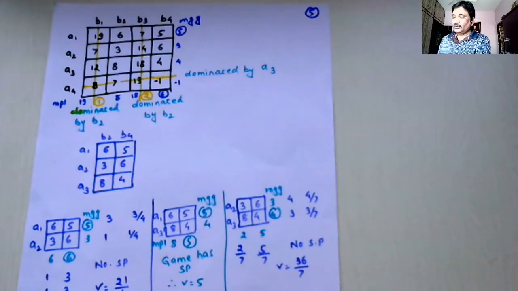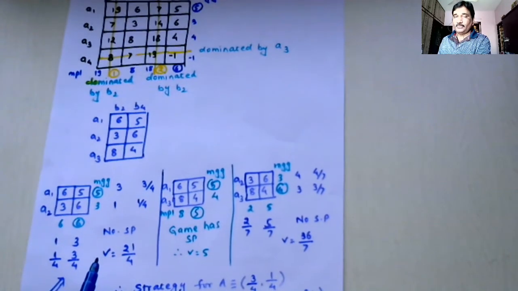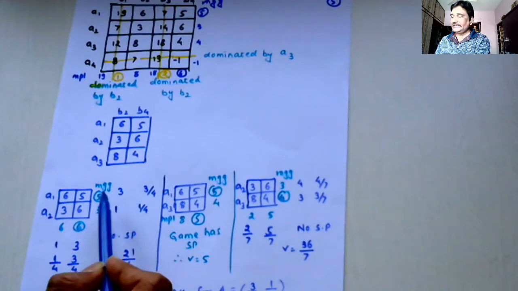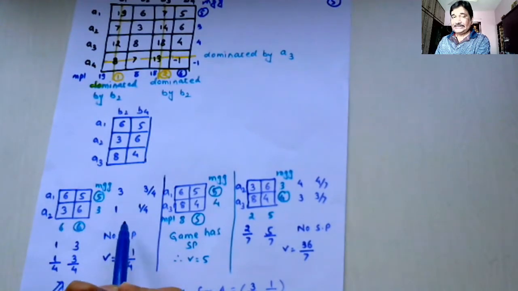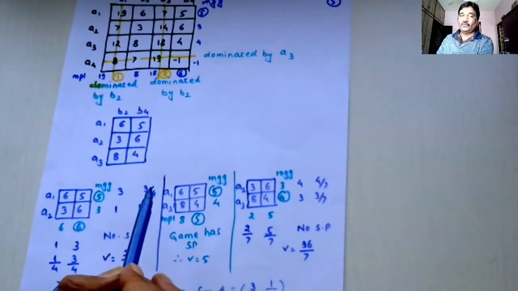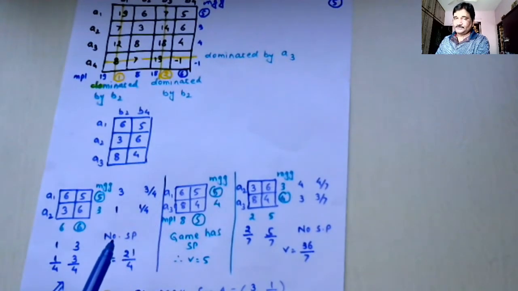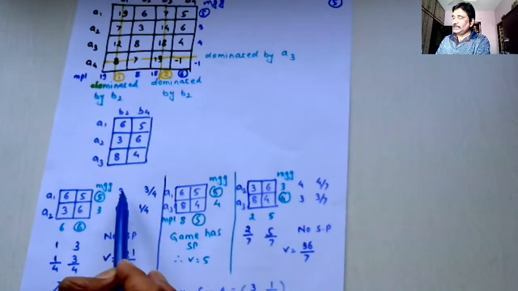So the game doesn't have a saddle point because maximin is not equal to minimax. Right? So you have to solve the game by the arithmetic method. You take the difference 3, 6 and write it here, and 6, 5, you write 6 minus 5, 1, here. There must not be a negative value because this finally turns into a proportion. So the sum comes to 4, and 4 is the denominator for these values.